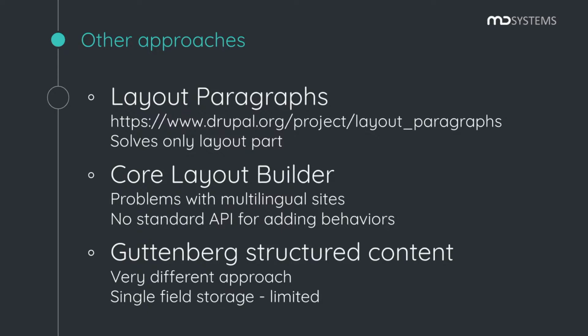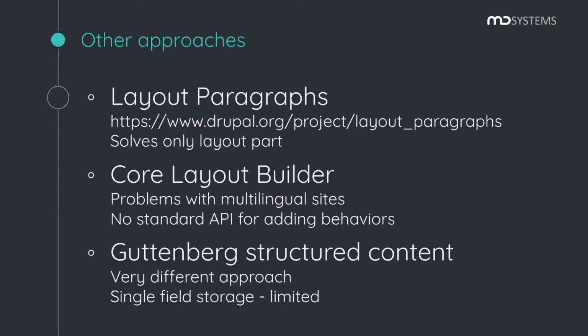Then there is the approach that Gutenberg is doing and similar stuff, which is very different. You just say, okay, I don't care about all the stuff, the fields, the field composition, paragraphs. I just want a body field, and I will do all my stuff in the CKEditor or Gutenberg editor. That's completely different from all we discussed here.